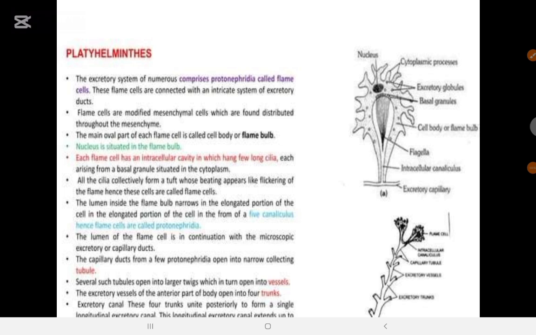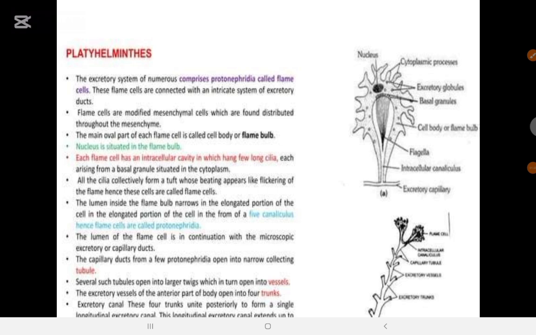We have said they have specialized structures called flame cells. Flame cells help to collect liquid waste from the body. They are called flame cells because there are cilia inside them that flicker and move like a flame.